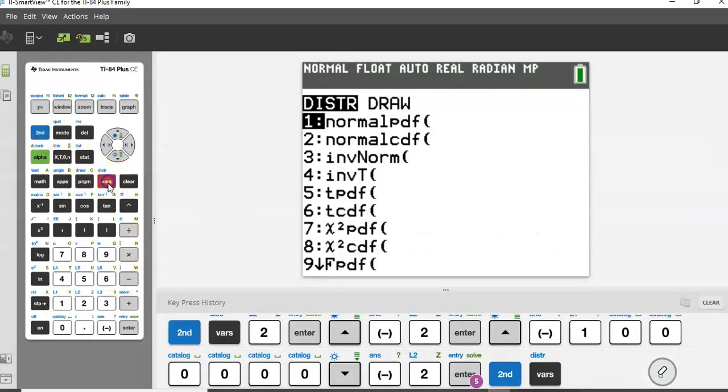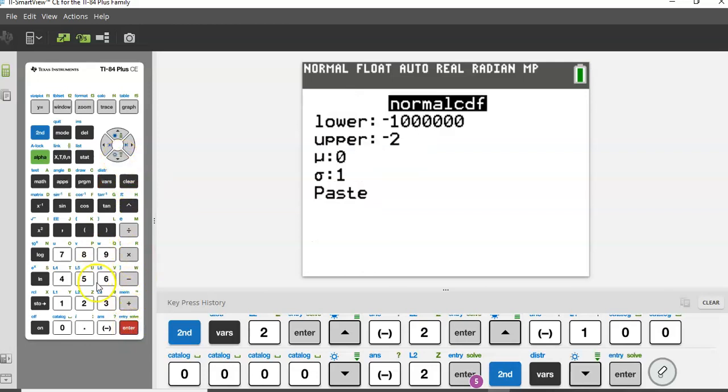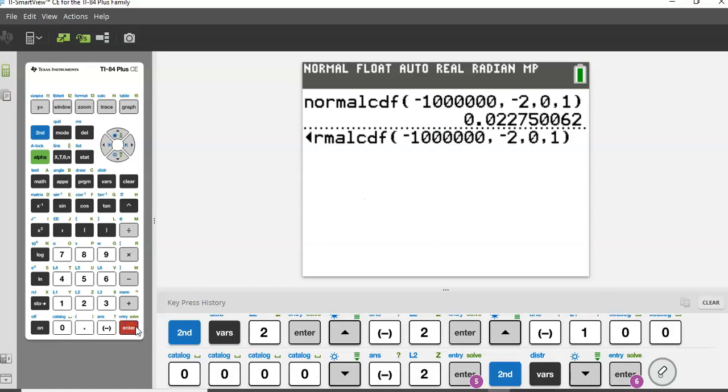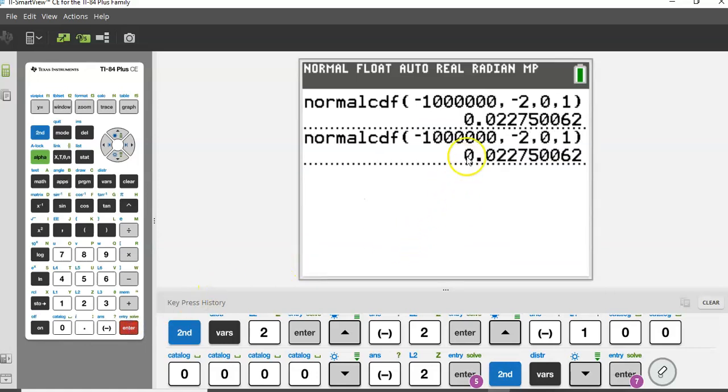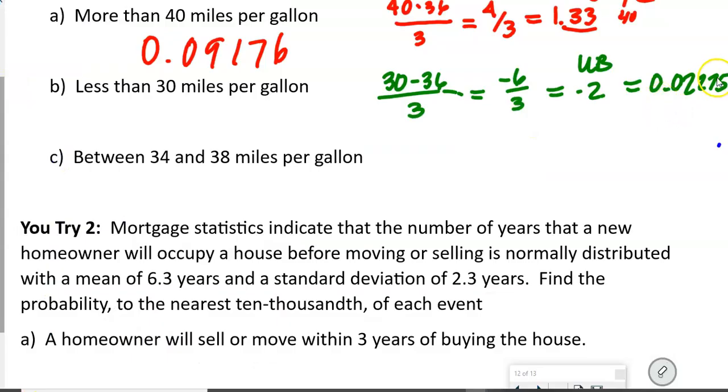Second vars and down to 2 and enter. So we're going to do our lower bound at -1,000,000, our upper bound at -2. Our mean and standard deviation stay the same, 0 and 1. And so we're going to push enter there. So this is 0.00275, okay? So I went ahead and wrote that right there.